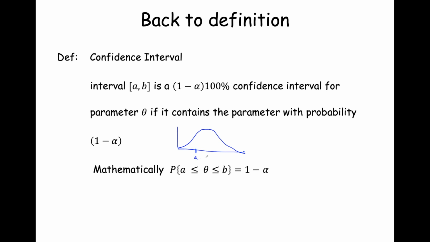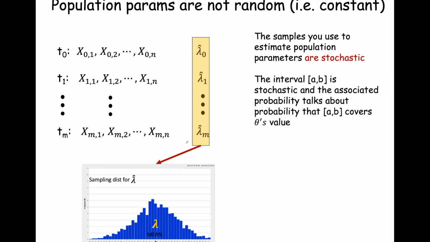So if this is A and this is B, we actually want the probability, the area under the curve, for this interval, right? And that total probability, the integral of P of X, has to equal 1 minus alpha. That's what it means to be a confidence interval. So mathematically, that's what we do.